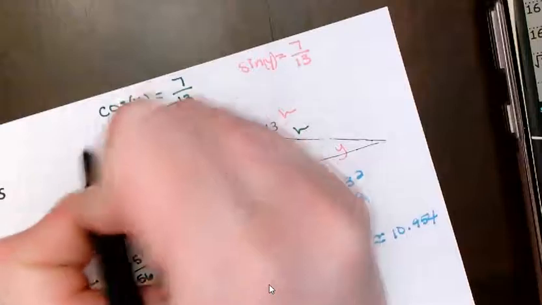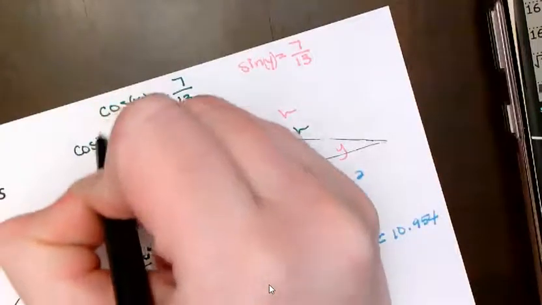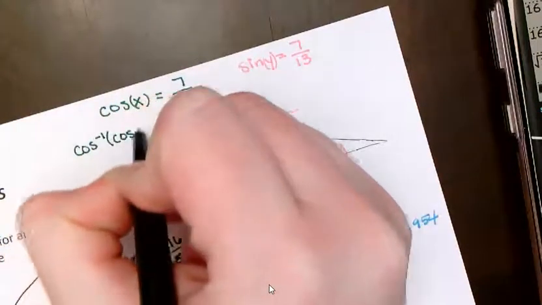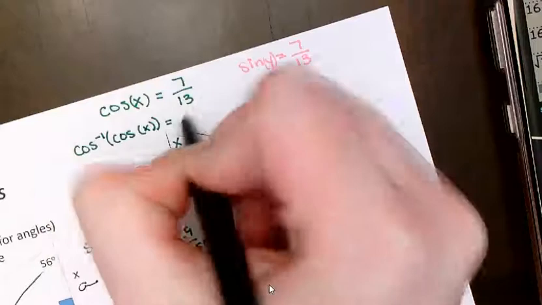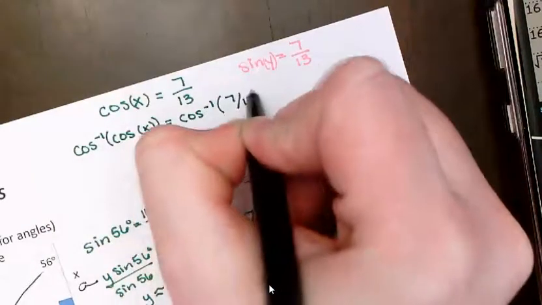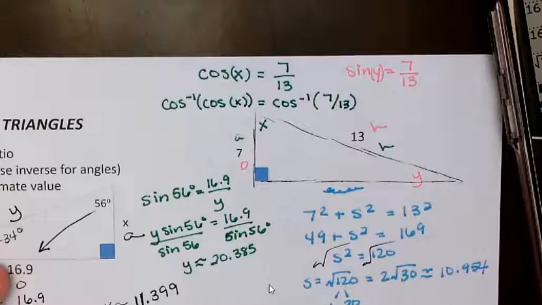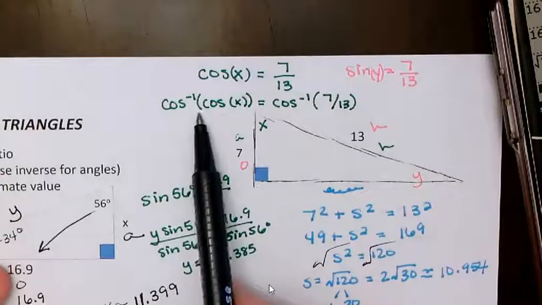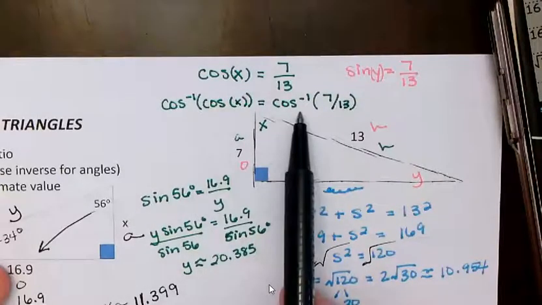So in order to do that, cosine -1 of cosine of x equals cosine -1 of 7/13. Now, you don't have to show this side every single time. You can literally just do the right side.